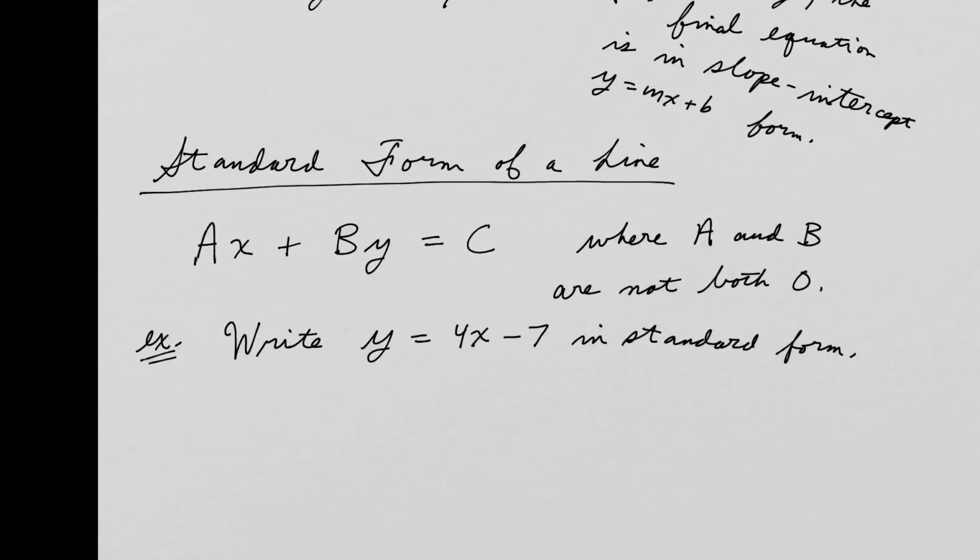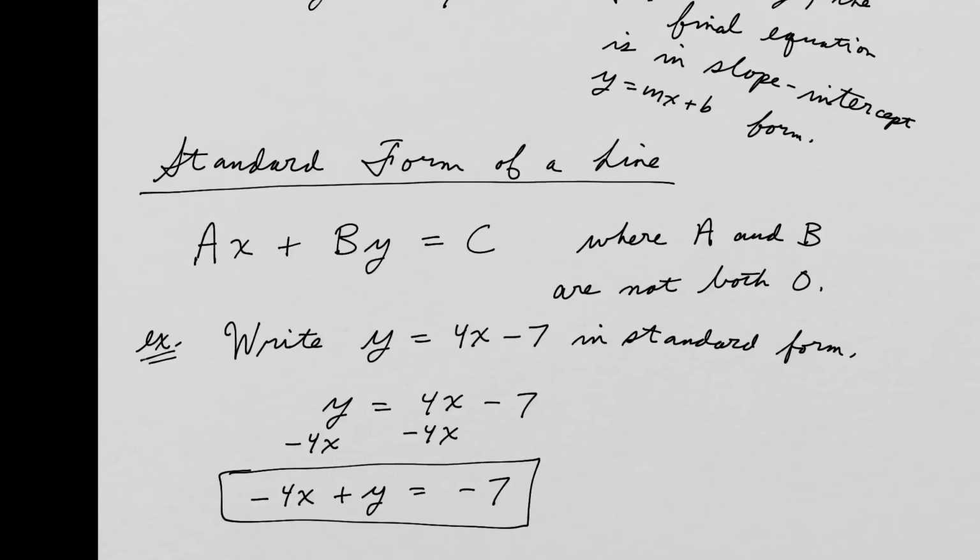So I need to get the x's and y's together on the left-hand side and leave the constant on the right-hand side. In this case, all I need to do is move the 4x. I can do that if I subtract 4x on both sides. Now, the left-hand side I can write as negative 4x, I'll write that term first, plus y. And on the right-hand side, I just have negative 7. And that's it. Now this answer is the same line, same exact equation, except it's written in standard form as opposed to slope-intercept form.